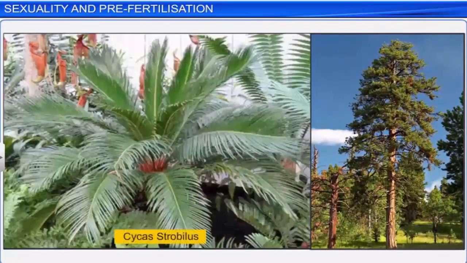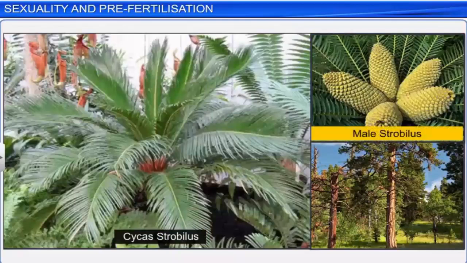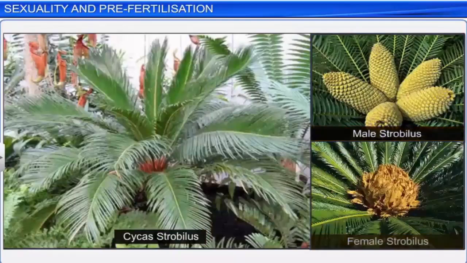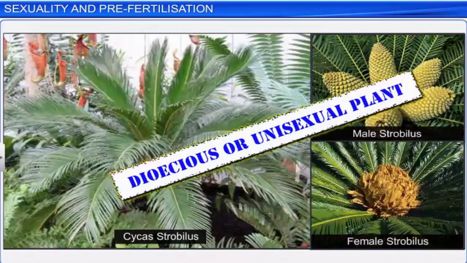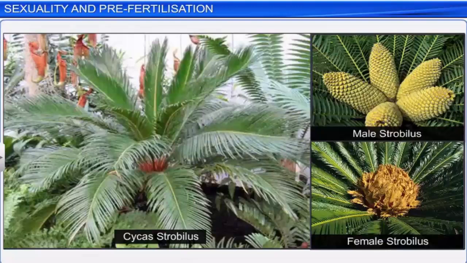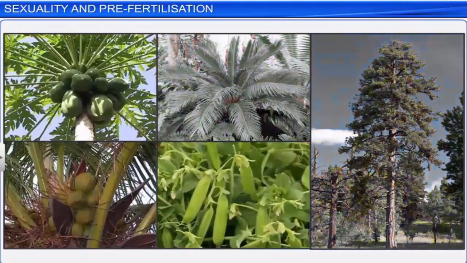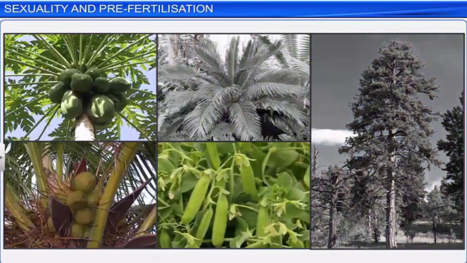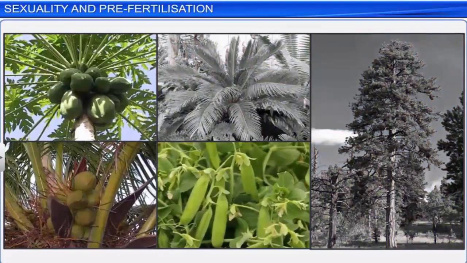Cycas, on the other hand, has the male and female strobili growing on different trees and is known as a dioecious or unisexual plant.